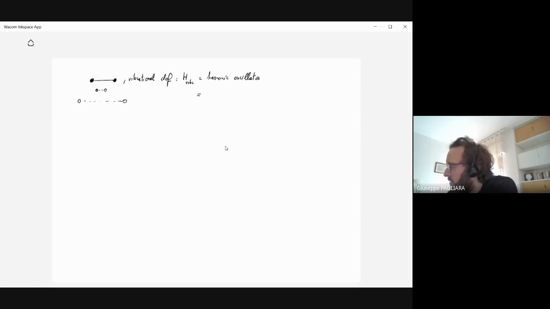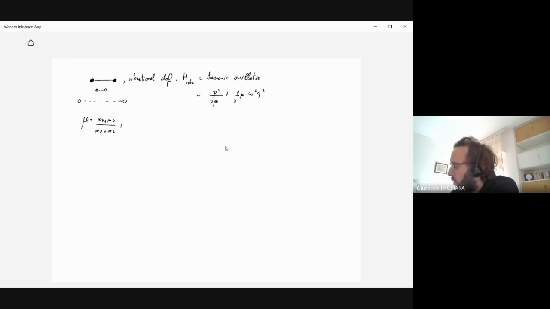And for this harmonic oscillator, we know the Hamiltonian. It will be p squared divided by 2 mu. I will say in a moment what is mu. And then I have something like 1/2 mu omega squared q squared, where mu is the reduced mass, so is m1 m2 divided by m1 plus m2.